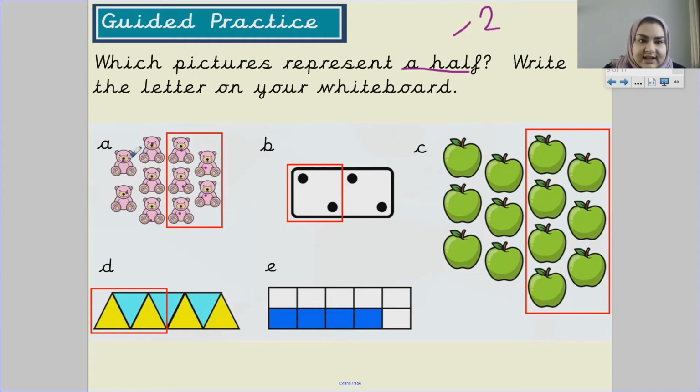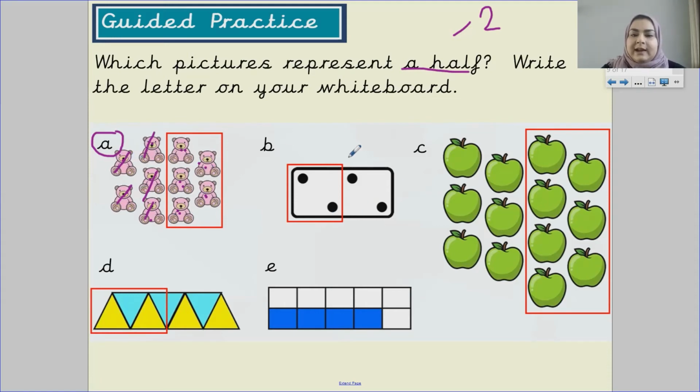So I'm going to count again. 1, 2, 3, 4, 5. 1, 2, 3, 4, 5. So A is representing a half because I have 10 and half of 10 is 5 and both groups have 5.